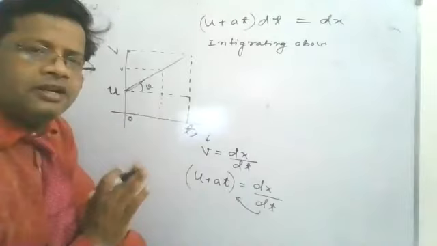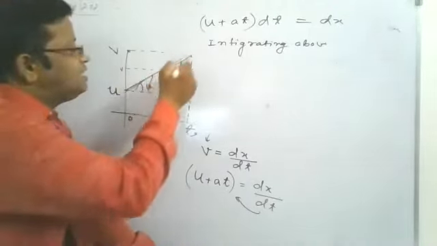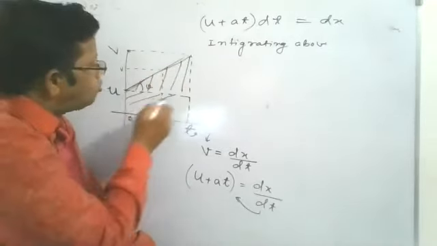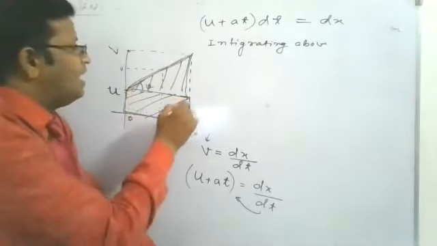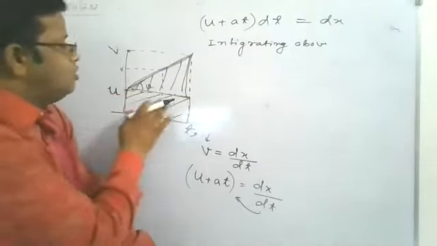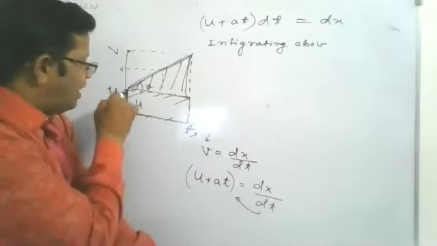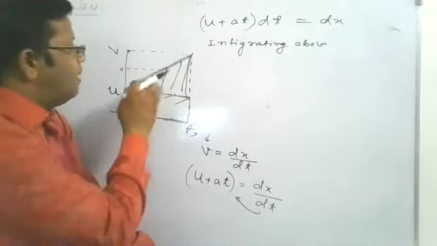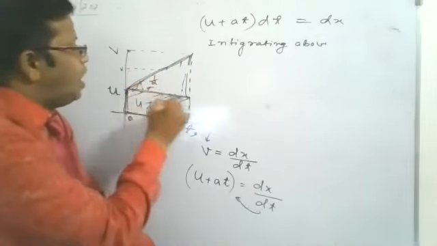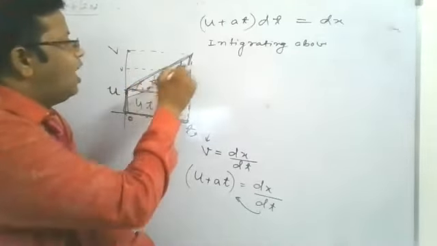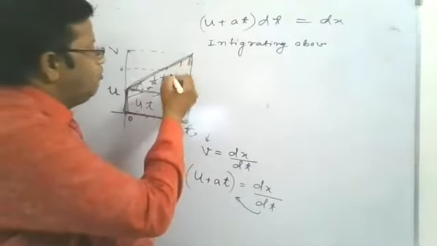In class 9, you have studied about the area below the graph. The area below the graph is this triangle area plus this rectangle area, the whole sum. The rectangle area is velocity u, breadth, into length t, so ut. Plus the area of the triangle: half into base t, into height v minus u.